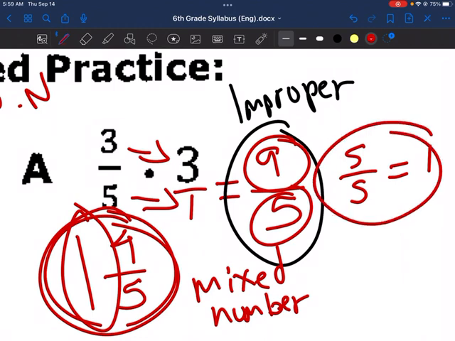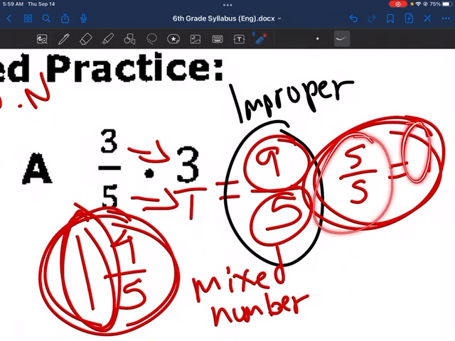Basically, it's saying we already had 5 out of 5, and the extra is 4 out of 5. So 5 out of 5 is 1, and this is what's left over from the 9. Now, right now, let's keep it improper. I don't want to confuse you anymore. So let's just multiply across and simplify if it's necessary, but we're not going to make it a mixed number. Not yet. At least not when I'm not there.